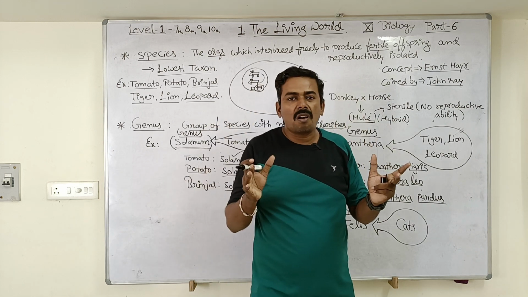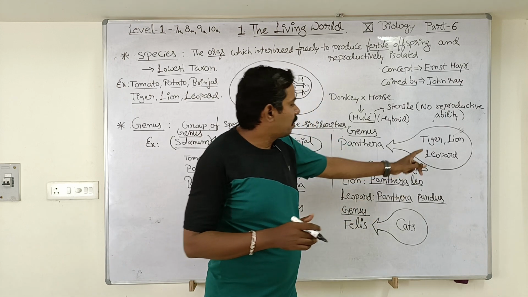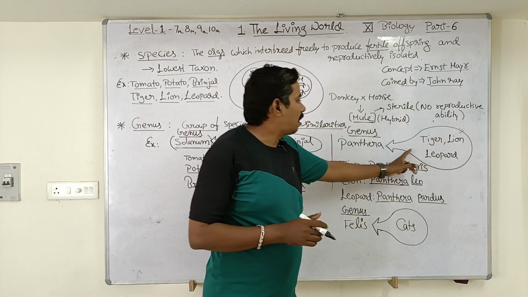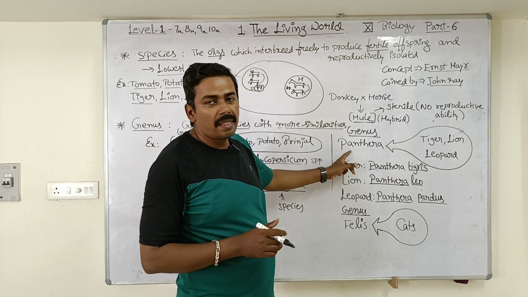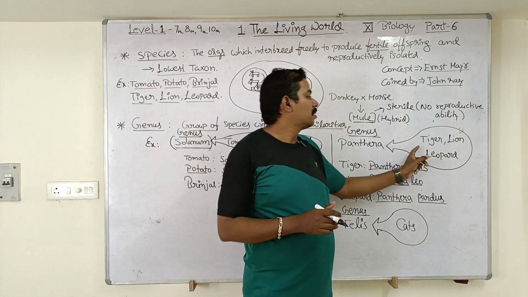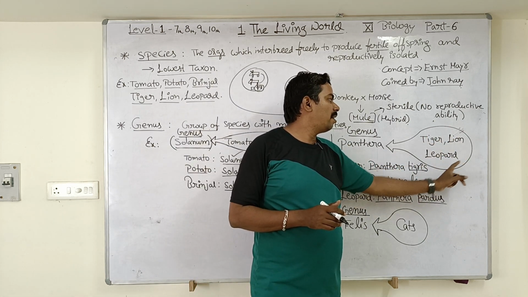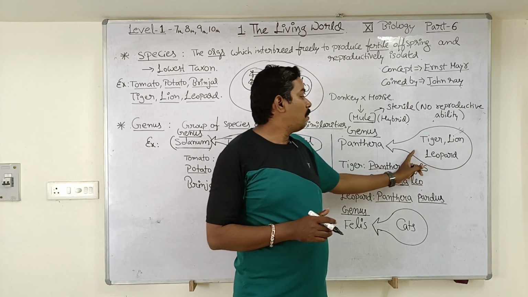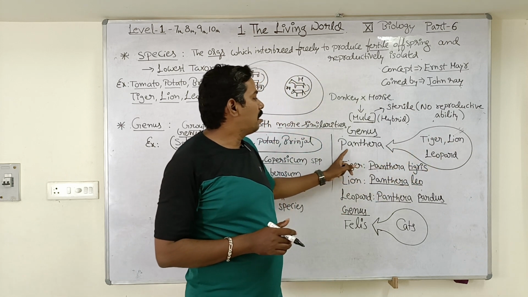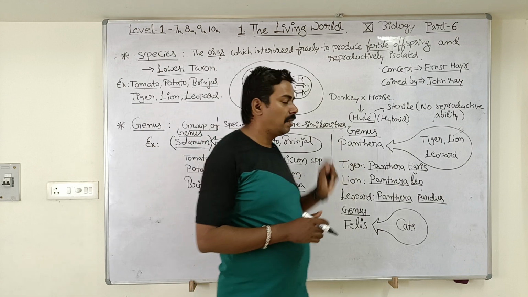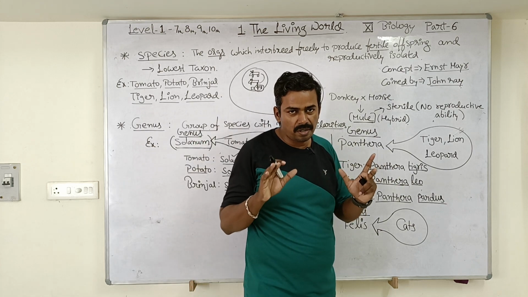So these features are common in these organisms. That is the reason these animals are kept in a genus called as Panthera. Since there are more similarities in common, we are including these three different species in a genus called as Panthera. Understood, students?